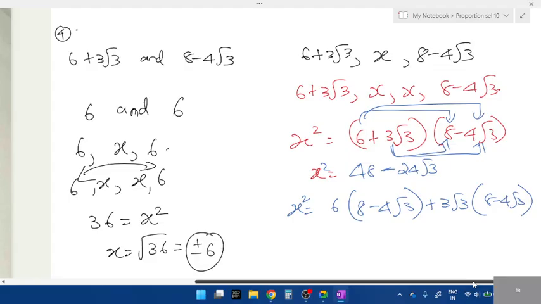Complete it. 100 into 144, root 144. Shift 100 into 12, right? You all got 100 into 12.